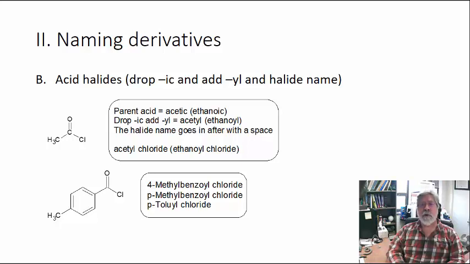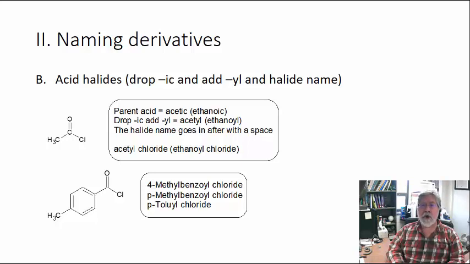Notice that there's a methyl group attached to position 4 with regard to benzoic acid, and so that is why it's 4-methylbenzoyl chloride. Because it's only one group attached to the benzoic acid, you could also use para-methylbenzoyl chloride. Probably few of you remember that that particular acid, 4-methylbenzoic acid, has its own common name, toluic acid.